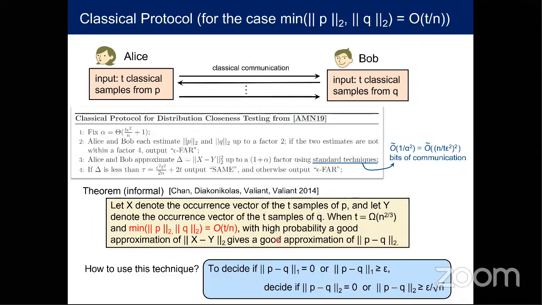Even if the distributions are different, the occurrence vectors x and y can be the same. Intuitively, it's a little bit difficult to understand how this evaluation of large delta can lead to the similarity of P and Q.